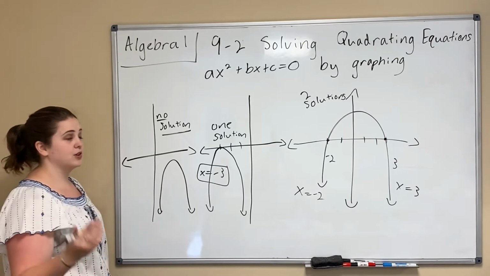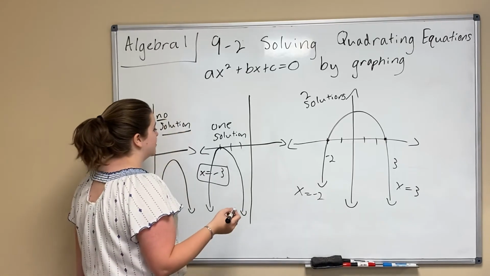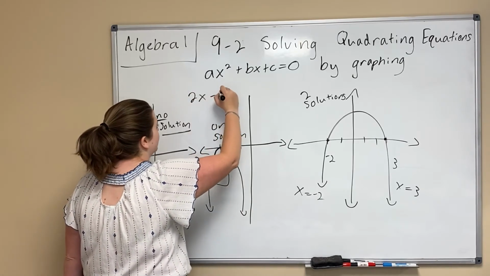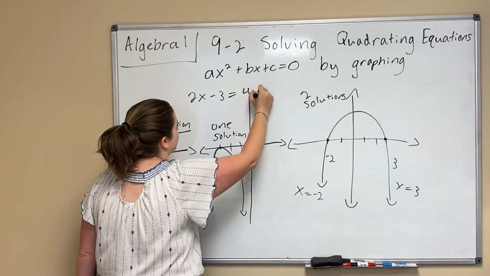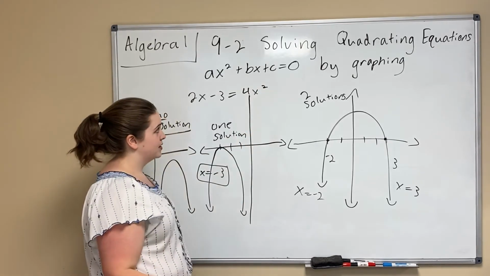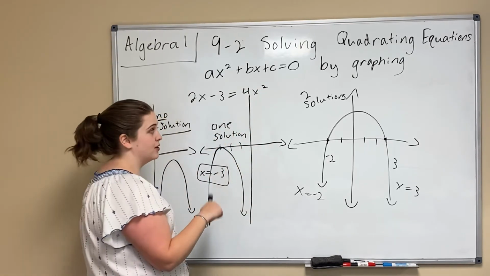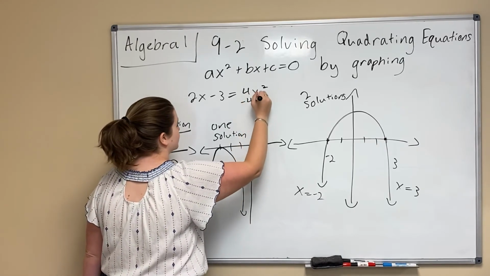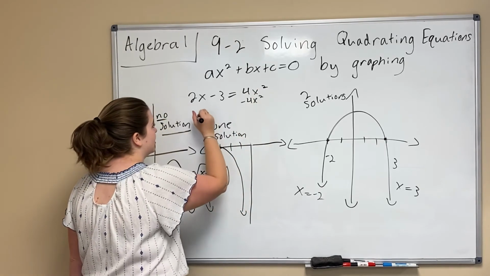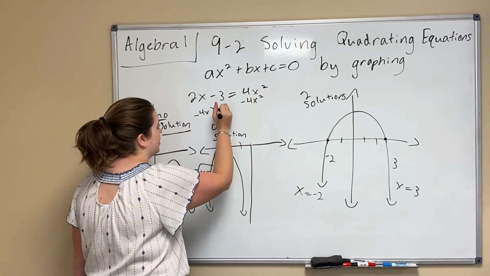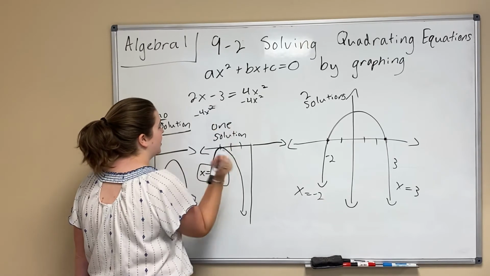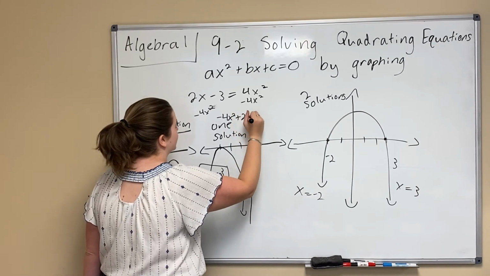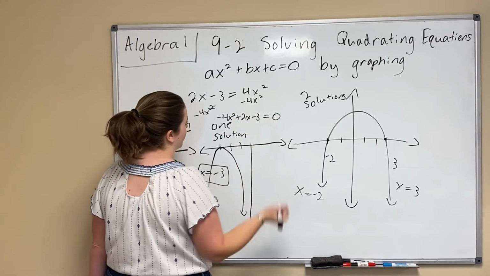So if you're doing your homework and you see a problem that says, find a solution for this equation, but the equation looks like 2x minus 3 equals 4x squared, that's not in standard form, and in order to graph it, what I have to do is I have to say minus 4x squared from this side, minus 4x squared from this side, and I get -4x squared plus 2x minus 3 equals 0.